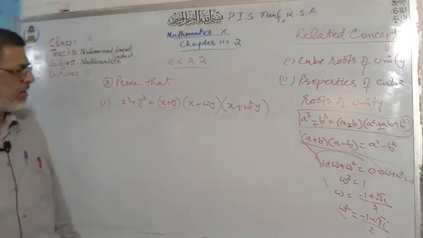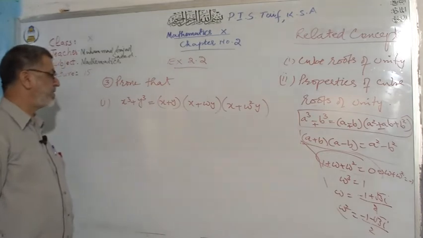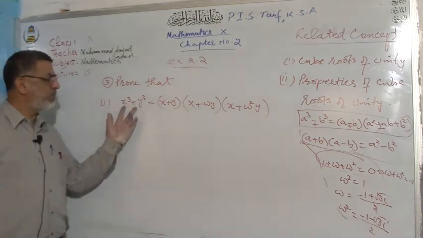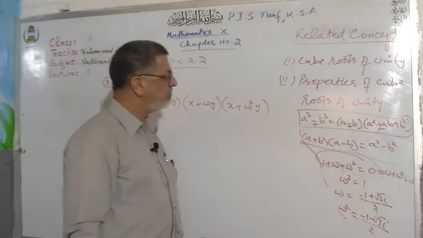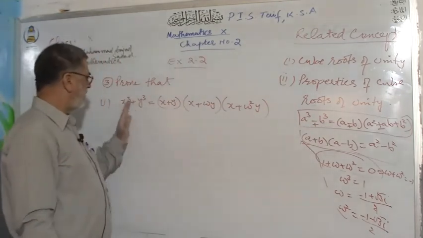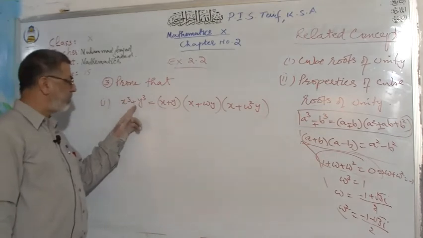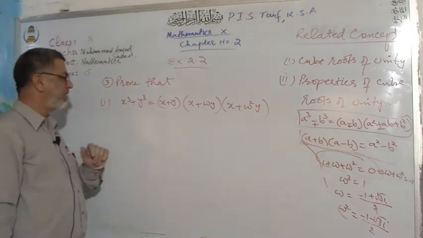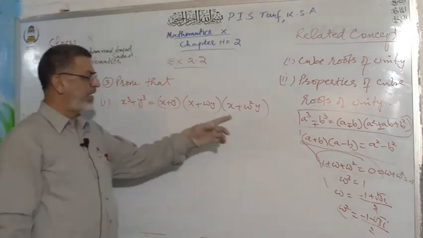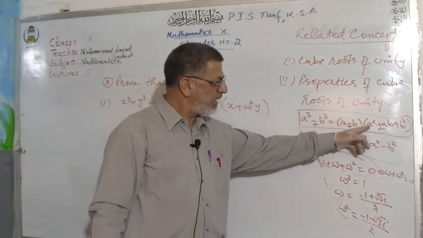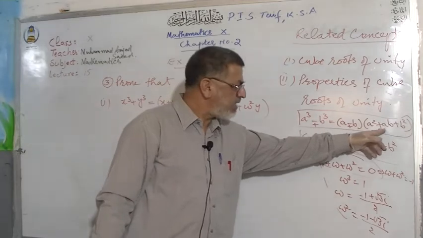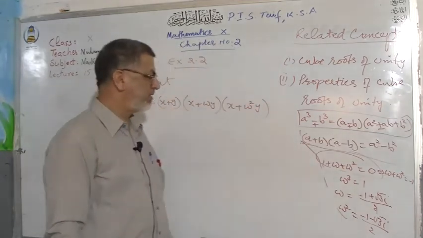Yes. Dear students, remember that x cube plus y cube, this is your formula with positive sign. If you open up this formula, that will be x plus y into x square minus xy plus y square.